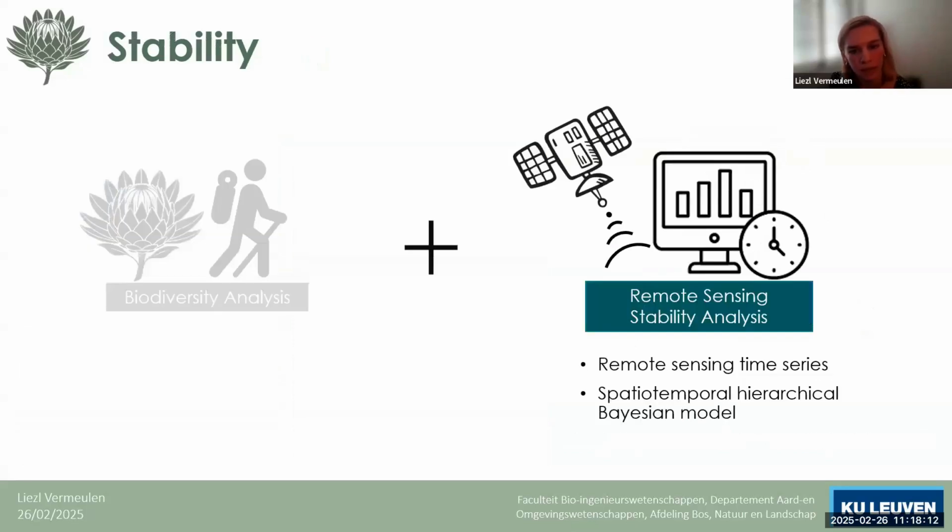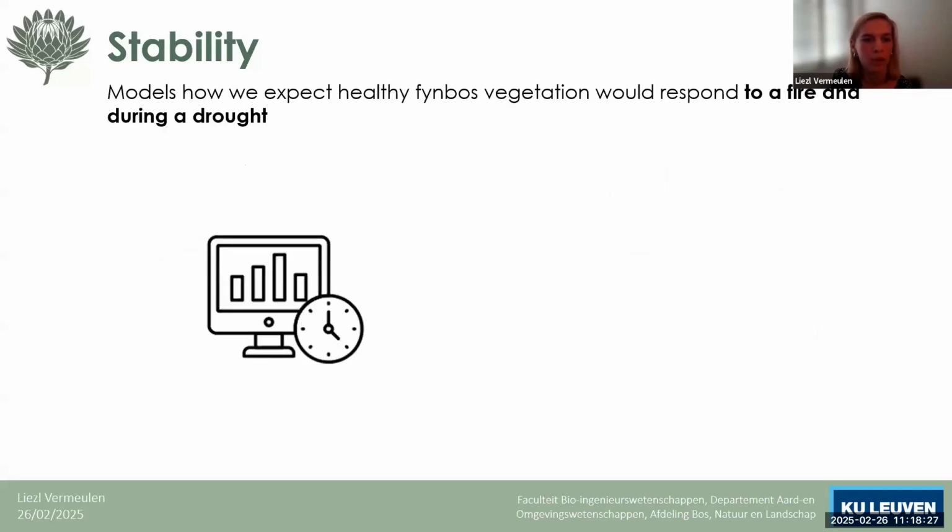Then we move on to the next step, looking at the stability analysis. And here again, we incorporated remote sensing in combination with a spatio-temporal hierarchical Bayesian model. Quite a mouthful. But basically, what this model does is it tells us how we would expect healthy fynbos vegetation to respond to fire and during drought.